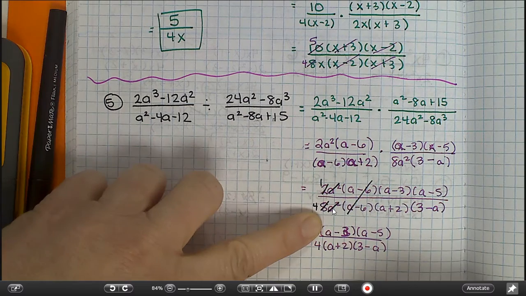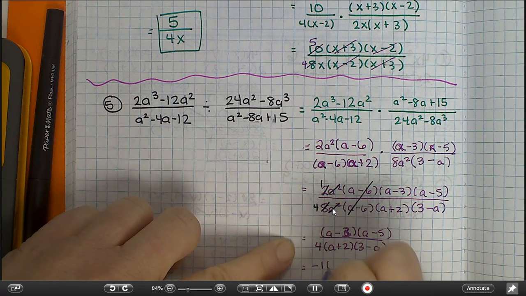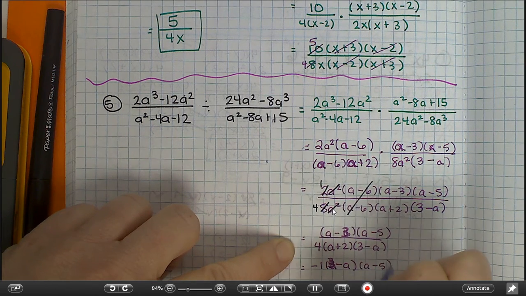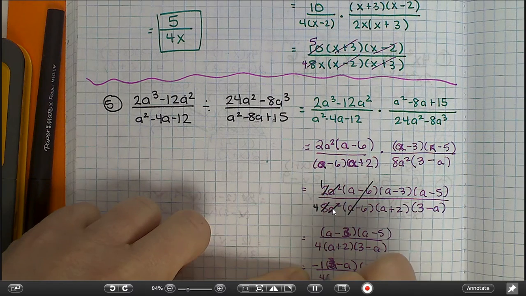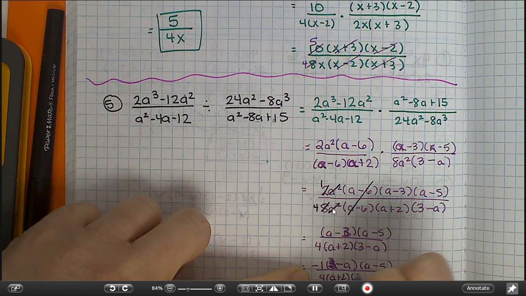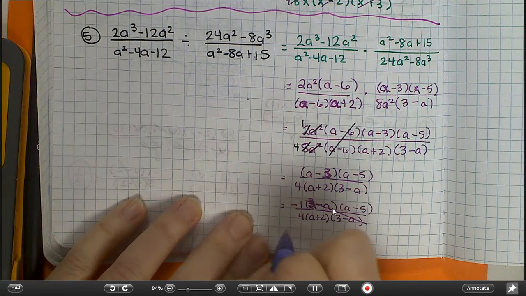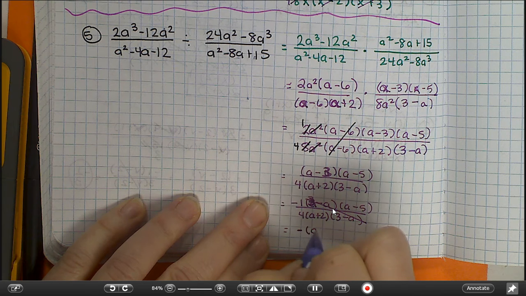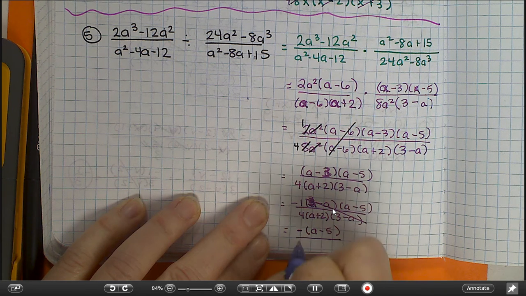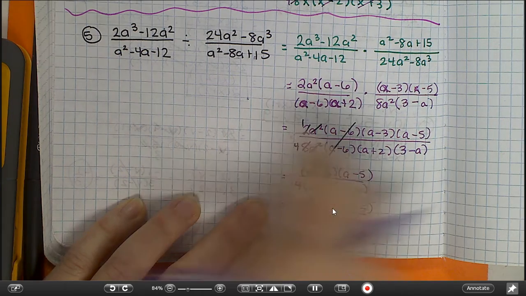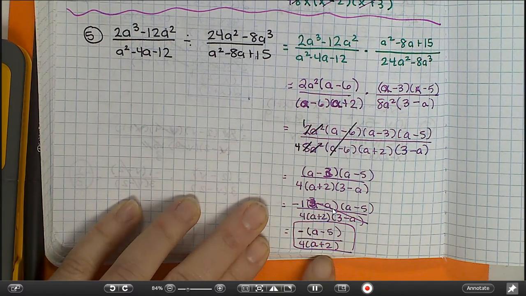I'm going to factor out a negative 1, and change this one to 3 minus a. Now those match. So the answer is negative a minus 5 over 4 times a plus 2. So that big crazy thing up here simplifies to this little expression.